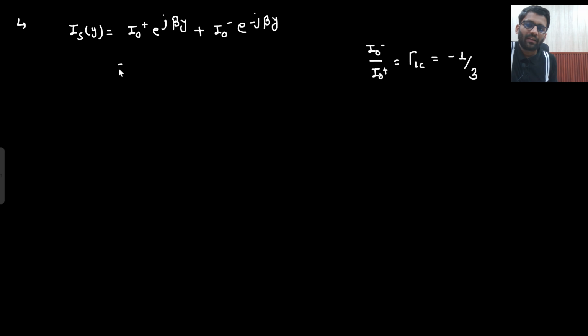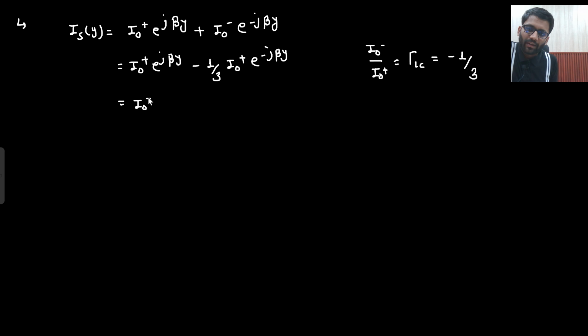So what you will be getting here? I naught plus e to the power j beta y minus 1 by 3 I naught plus e to the power minus j beta y. So from here what you are getting? I naught plus e to the power j beta y times 1 minus 1 by 3 e to the power minus 2j beta y. And if I calculate the magnitude, what you will get?